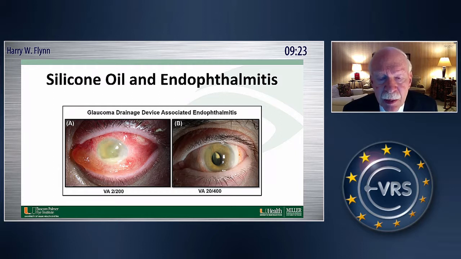The intravitreal antibiotics were injected directly into the silicone oil. Full-strength antibiotics. We injected the vancomycin from the temporal side and the ceftazidime from the superior nasal side. These were injected directly into the silicone oil.